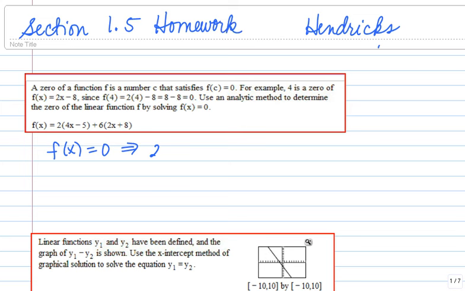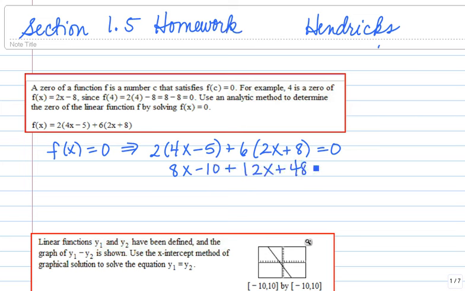In other words, we're going to set 2 times 4x minus 5 plus 6 times 2x plus 8 equal to 0. Clearing parentheses gives us 8x minus 10 plus 12x plus 48 equals 0. When we combine like terms, 8x plus 12x is 20x.